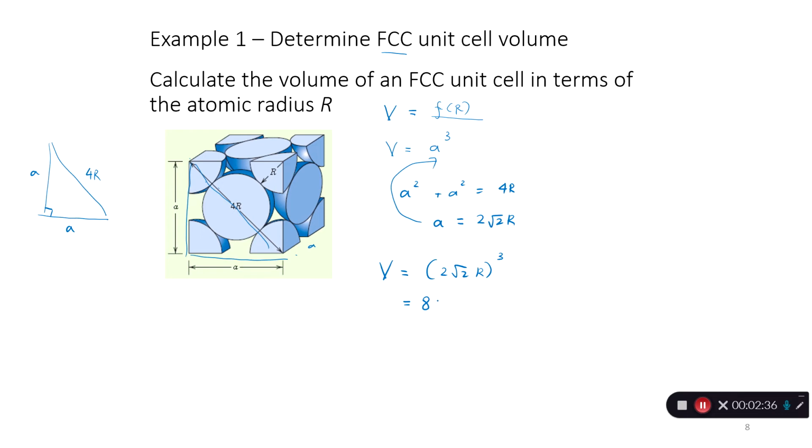If you can't work it out, you can just write it one by one: square root 2 times square root 2 times square root 2, times r cubed. Square root 2 times square root 2 is, of course, 2. Now you're left with this, so that will be 16 r cubed. You can leave it as it is, no problem, as long as you get an equation for it.